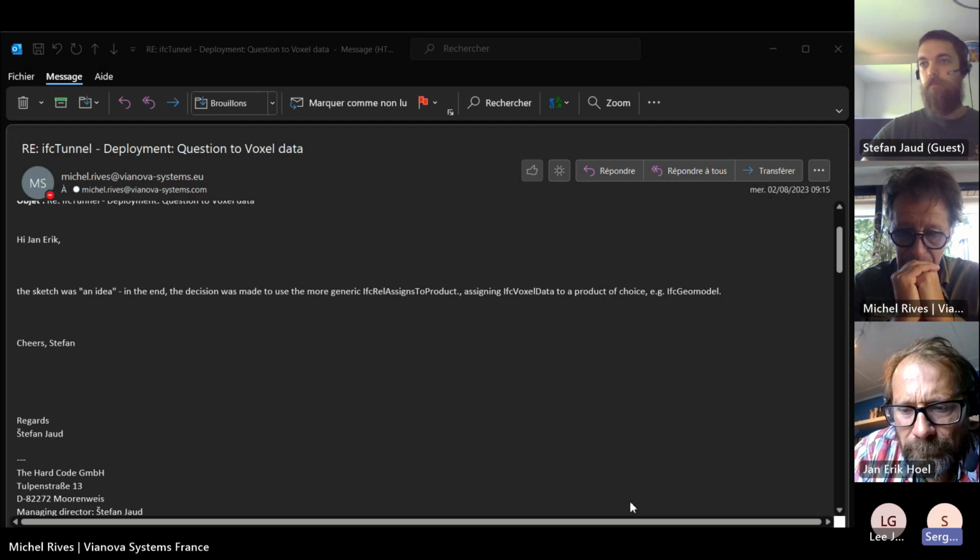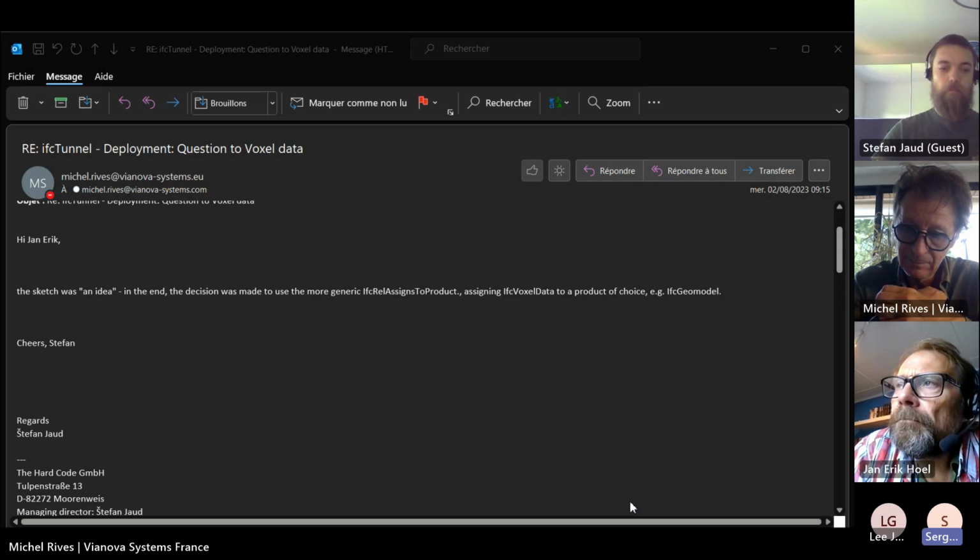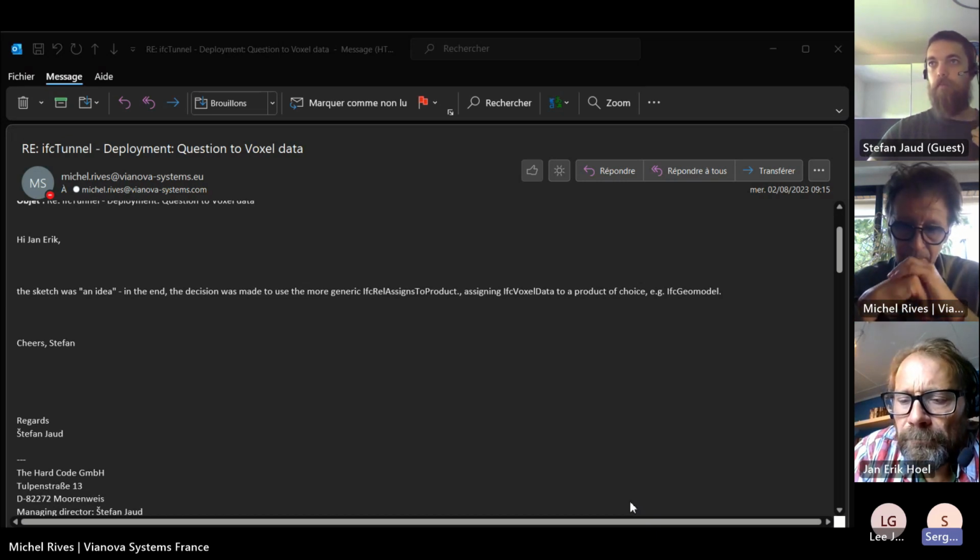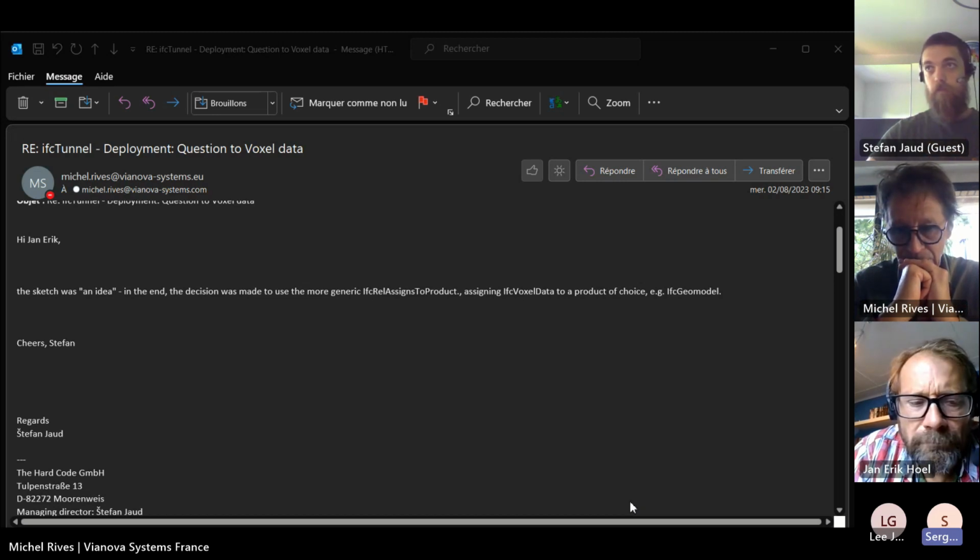So similar to how the tessellated stuff in IFC gets colors assigned, or what else? Textures. It also does it by matching the indices. I can show you a sketch of that in the documentation, how this is supposed to work.